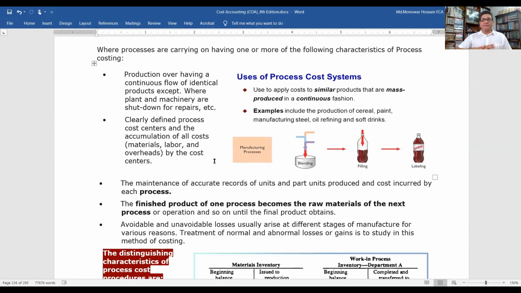Examples include paint manufacturing, etc. The production has a continuous flow of clearly defined process cost centers, with accumulation of all costs of material, labor, and overhead by the cost center.